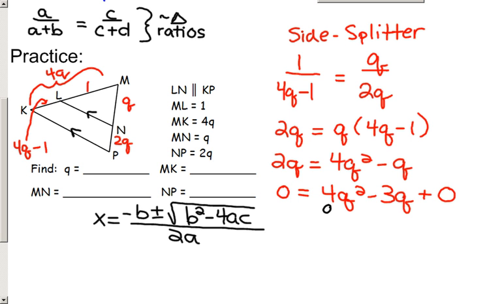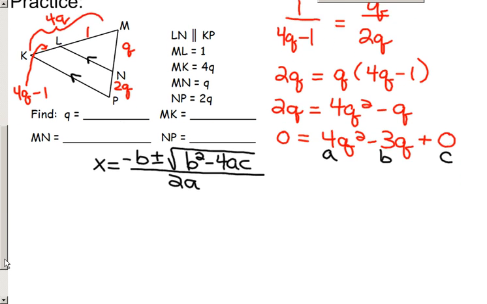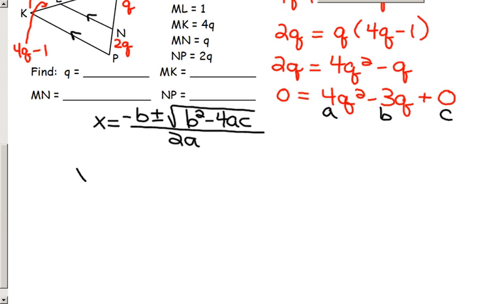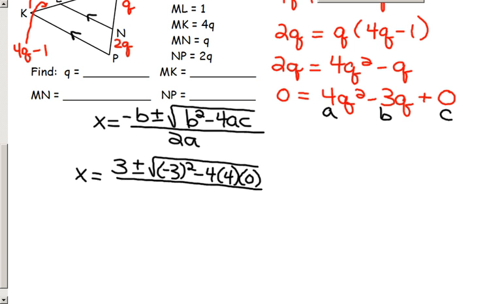Acknowledge that your a is 4, your b is negative 3, and your c is 0. And we'll plug the values into the quadratic formula and solve.